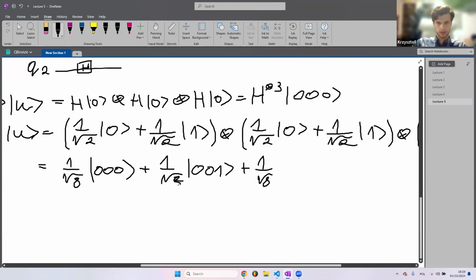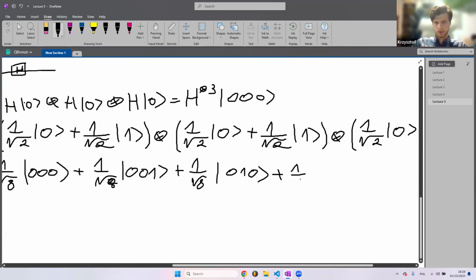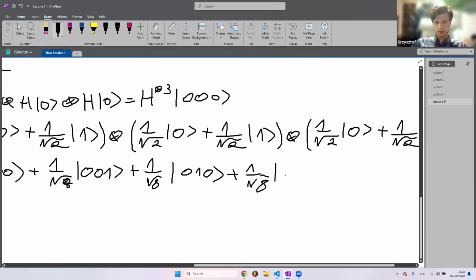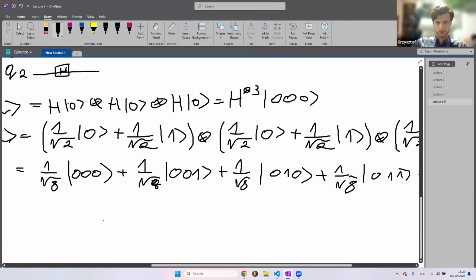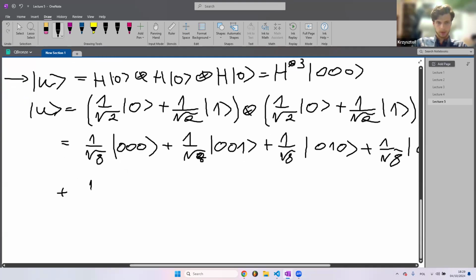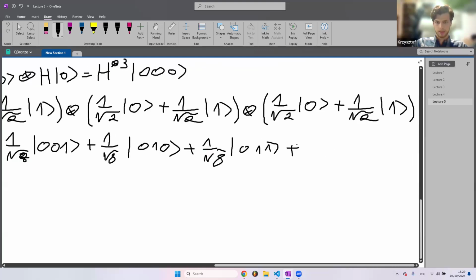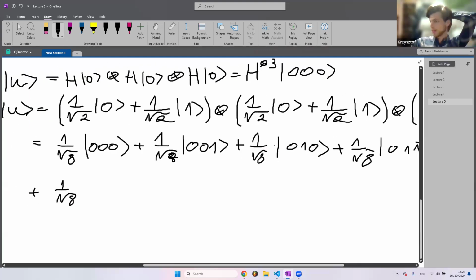Here's 8, also 8. Plus 1 over square root of 8, 0, 1, 0, plus 1 over square root of 8, 0, 1, 1. Plus, we have 4 states. Okay, let's leave it as that.